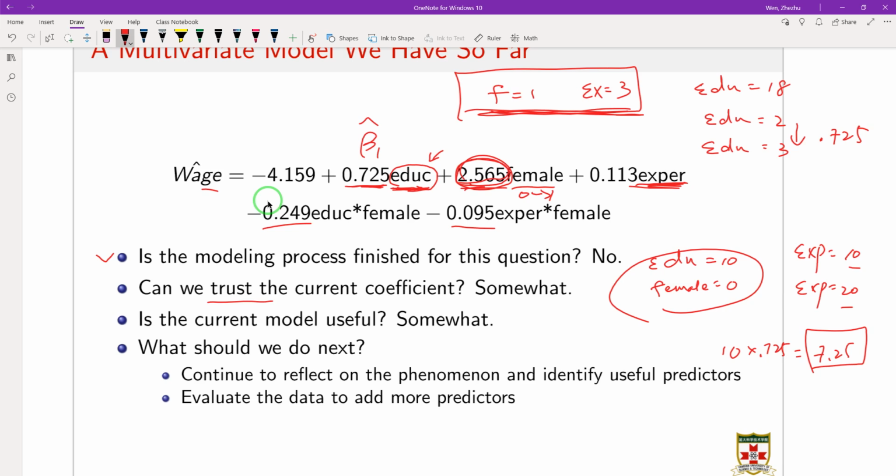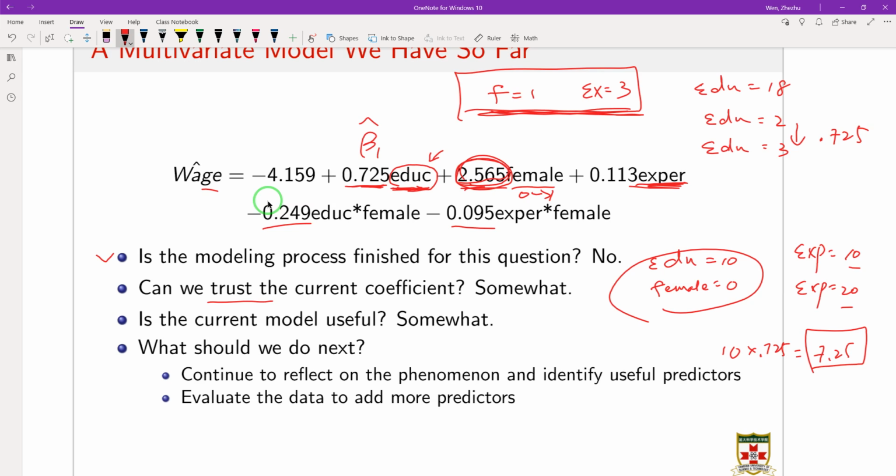Continue to reflect on the phenomenon and identify useful predictors. You have to keep thinking about what other predictors may have influence over the hourly income, as someone who is trying to model the phenomenon. That means in some sense you're acknowledging that there is limited usefulness with the model you have so far.